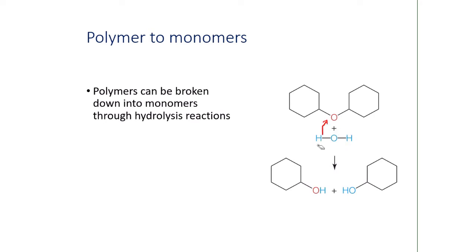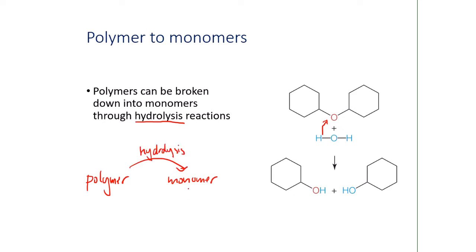If you add a water molecule to a polymer, then the H will go to one of them, and the OH will go to the other, and it's going to split it apart. Because you're splitting a bond with water, we call that hydrolysis. Hydro means water, lysis is to break. So just to summarize, polymer to monomer is going to be hydrolysis.